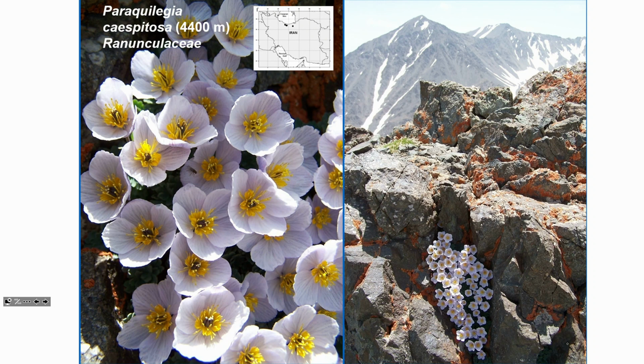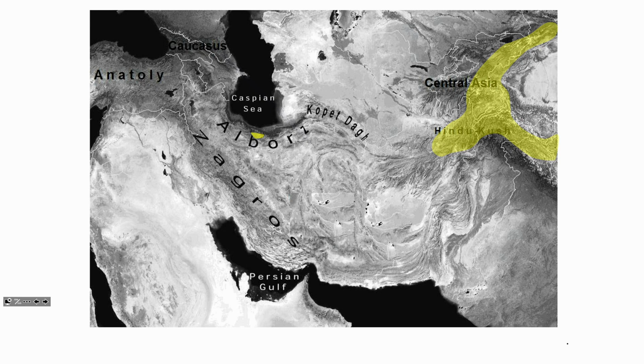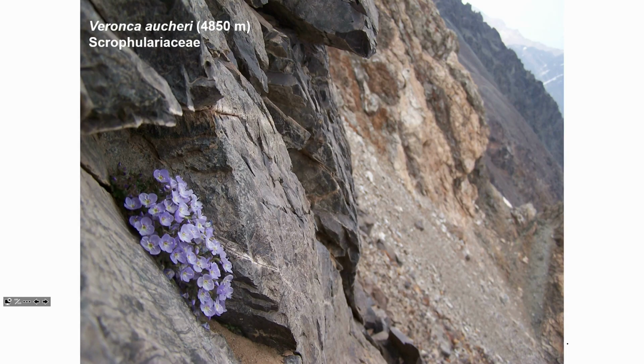This genus is interesting, actually distributed in Central Asia and Himalaya, having around 13 species, and only one species is in Central Alborz with such a long gap or disjunct distribution, which probably means it was widely distributed before and during the glacial periods, and it disappeared in between in the Hindu Kush Mountains and Cappadocia mountains.